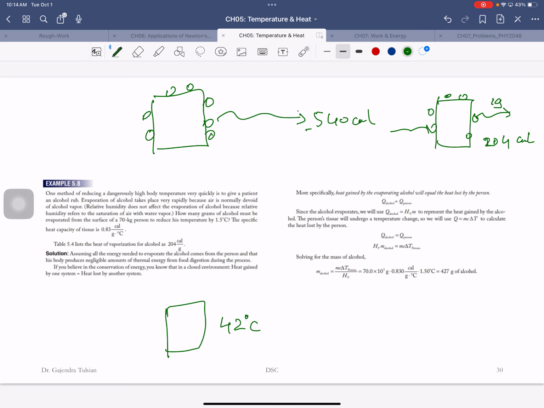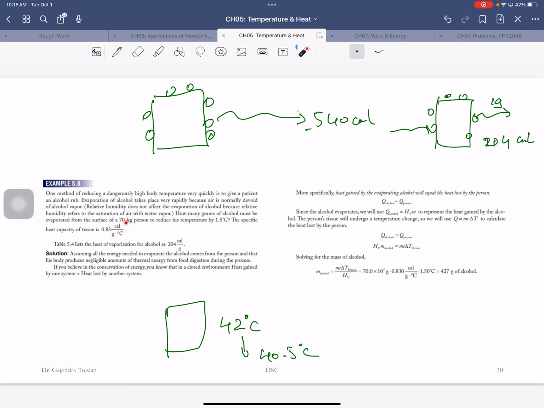We need to reduce my body temperature fast, and what we're going to do is try and reduce it to 40.5 degrees Celsius. One of the things to do is you can throw me in a pool, but if you don't have an ice bath, then you can go for an alcohol rub.